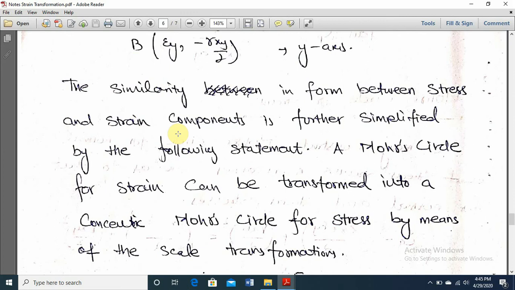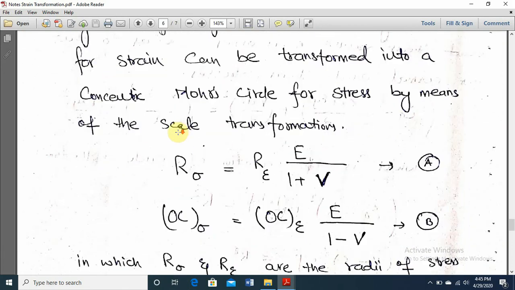A Mohr's circle for a strain can be transformed into a concentric Mohr's circle for a stress by means of a scale transformation.